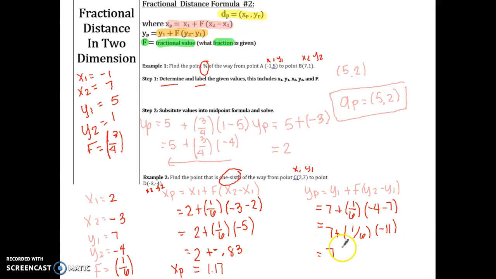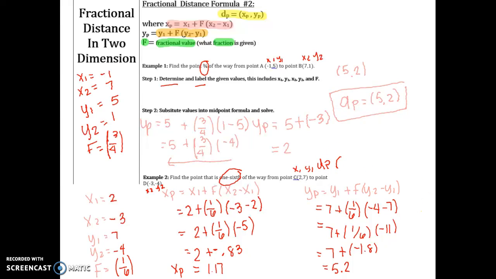And then when we multiply that times 1/6, remember, put those in parentheses: 1 divided by 6 times negative 11. That should have given us negative 1.8. And when we solve that, it is 7 minus 1.8, which gives us 5.2.